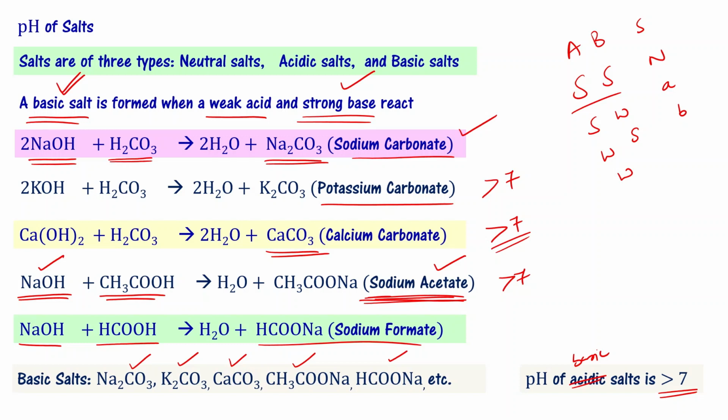When a weak acid reacts with a weak base, we get a neutral salt. Whichever is strong, you get that nature only. If the acid is strong, the salt is going to be acidic. If the base is strong, the salt is going to be basic. In the other two cases, the salts are going to be neutral. Understood?